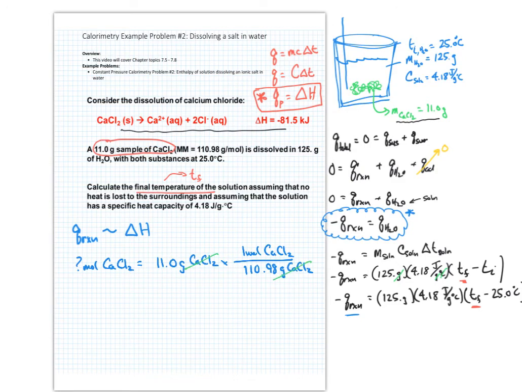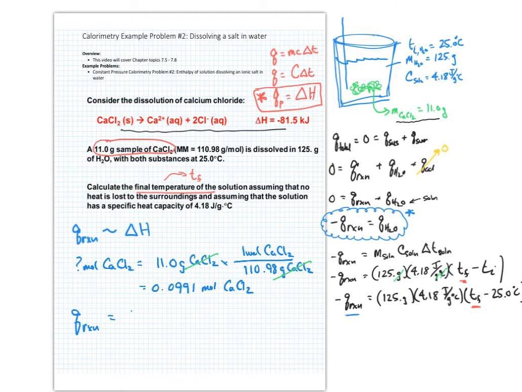Grams cancels grams, and this gives me 0.0991 moles CaCl2.